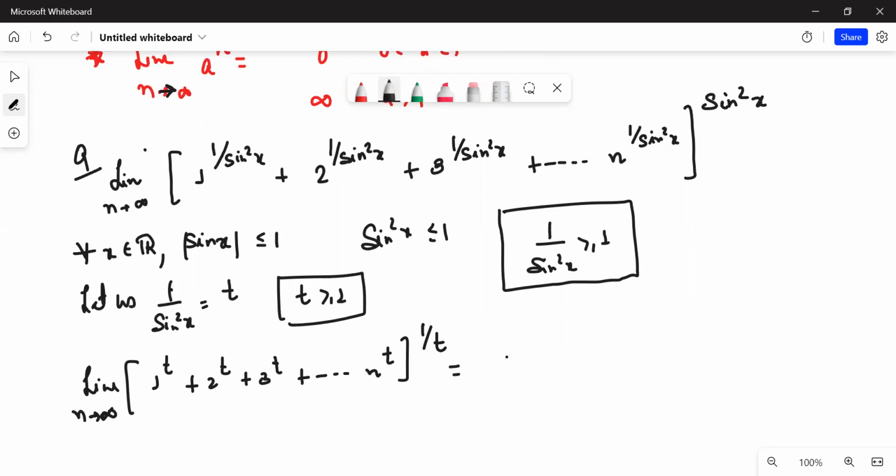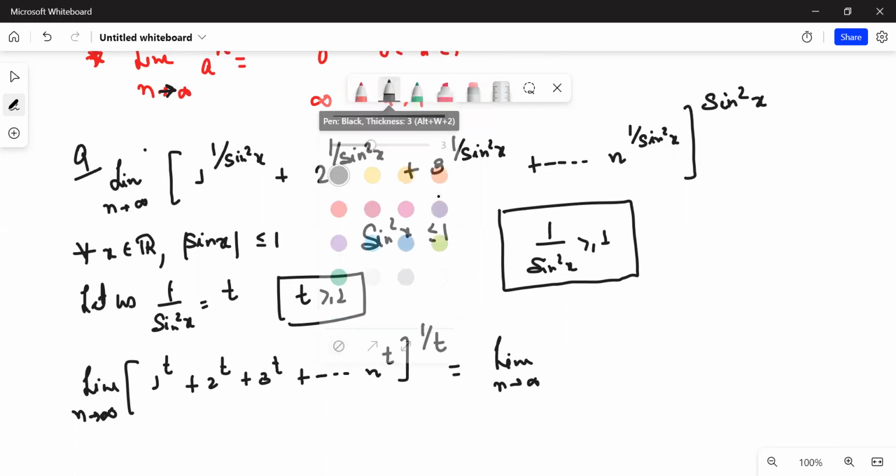So you just take n to the power t common out. Sorry, there's a mistake in the question. It was x tends to 0.